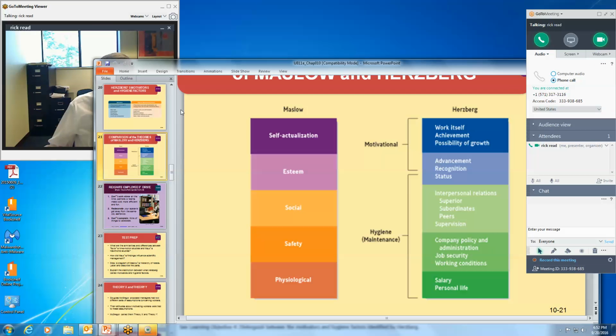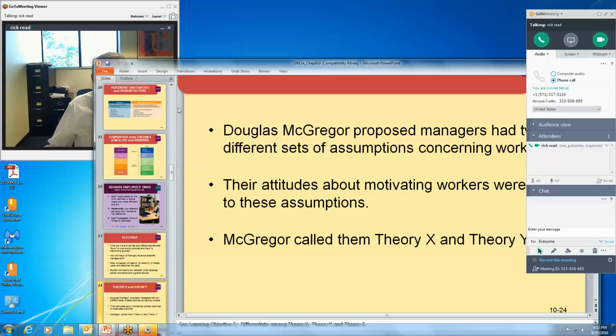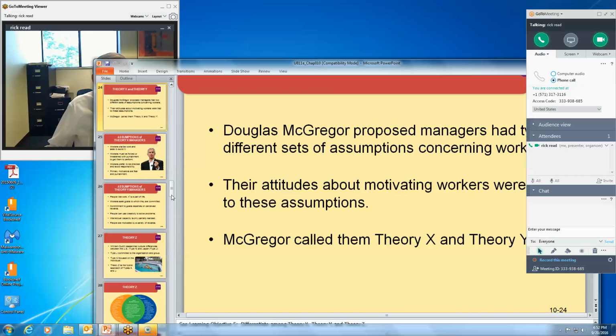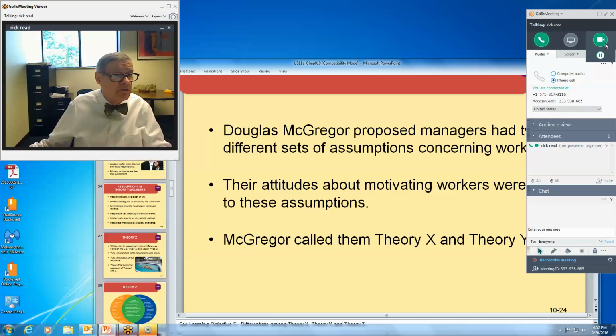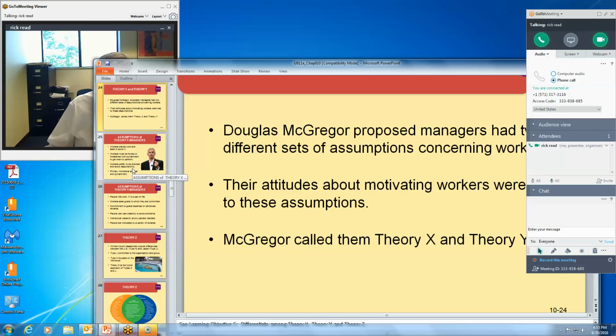We move now to Douglas McGregor's Theory X and Theory Y. McGregor said that managers, and this is probably still true today, actually have different assumptions about workers. And it kind of comes down to how well they either get along with workers, treat workers, manage workers, etc., or they don't.